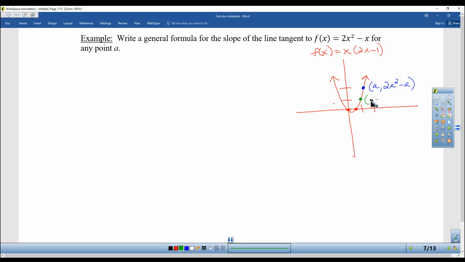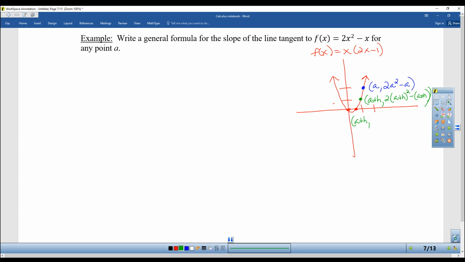And this point is a plus h. And then 2 times (a plus h) squared minus (a plus h). You got to plug it into the equation. So I always take the time to simplify. (a plus h) squared.